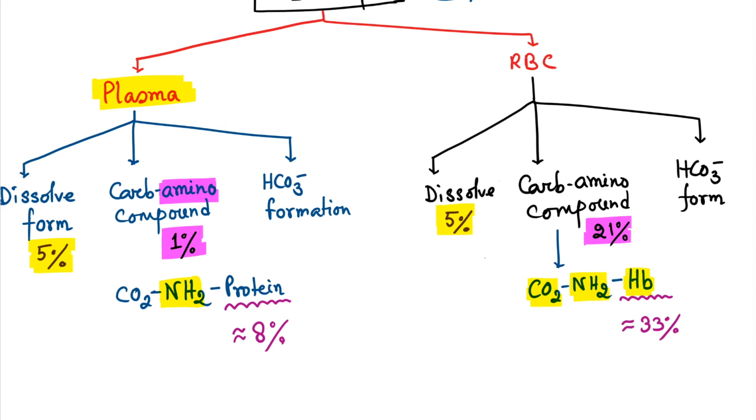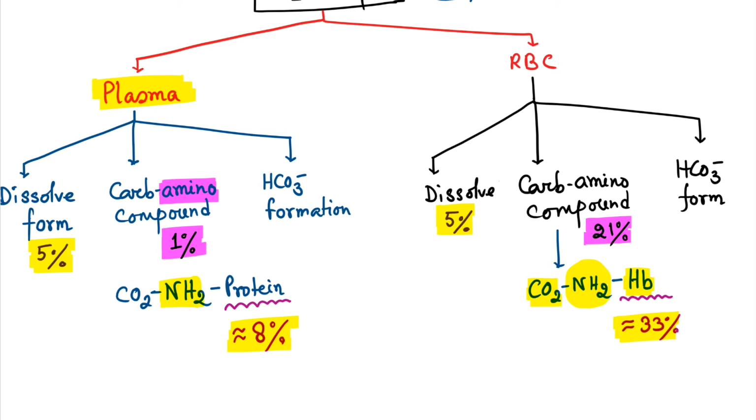So which percentage is more? Obviously, the percentage of hemoglobin is more than the percentage of plasma protein, because of which the available amine group is more inside the RBC, and that's why the percentage is huge in comparison to plasma.